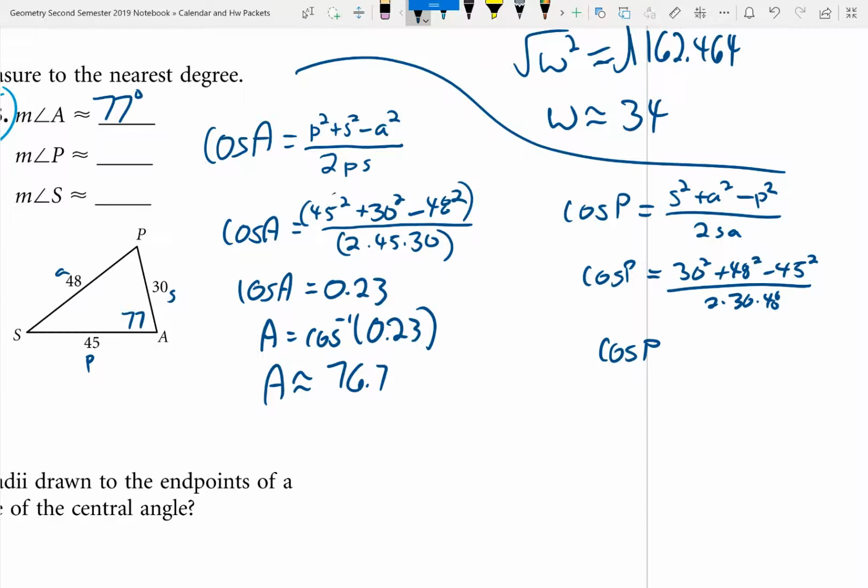Divide that by 2 times 30 times 48. 0.409, approximately equal to. So inverse cosine that number, and you'll get P is approximately 66 degrees.